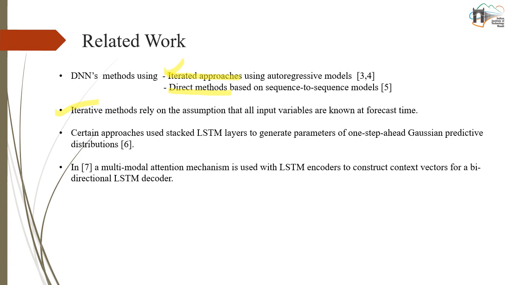Because the basic assumption that the iterative approaches were working on was causing a serious misunderstanding in handling the inputs, we can see how these direct methods are an advancement over them.